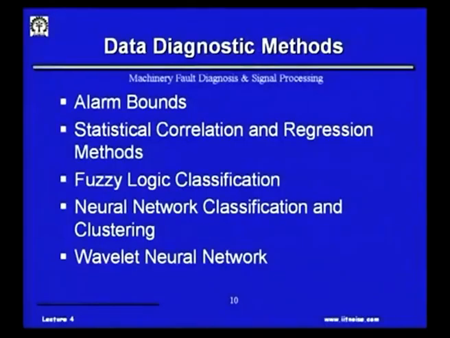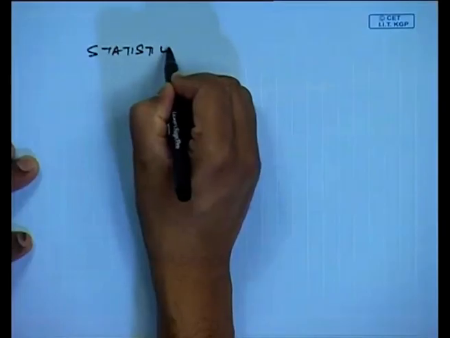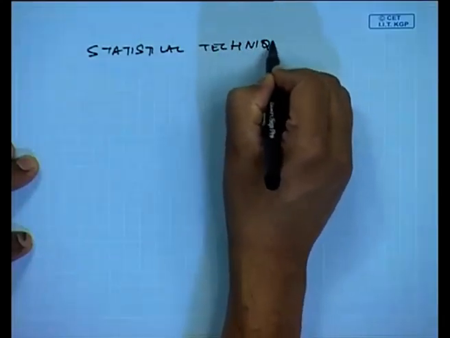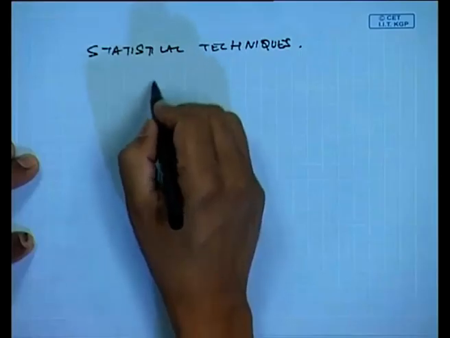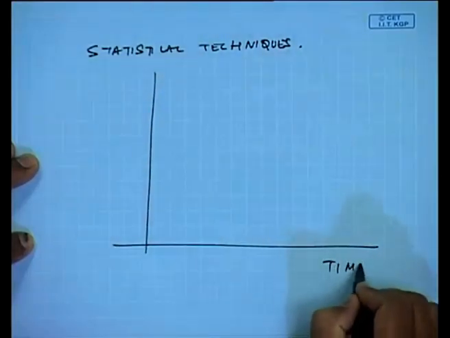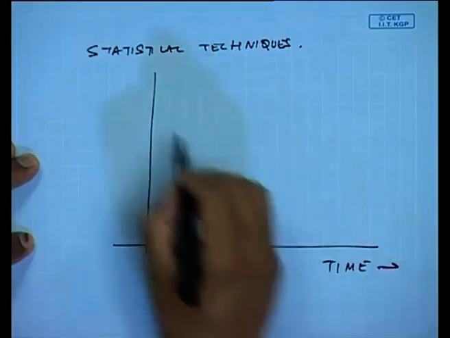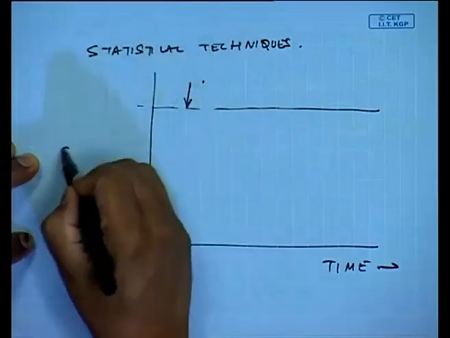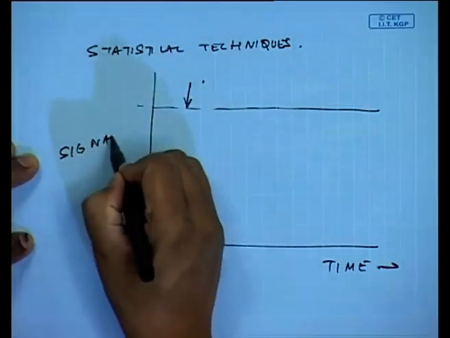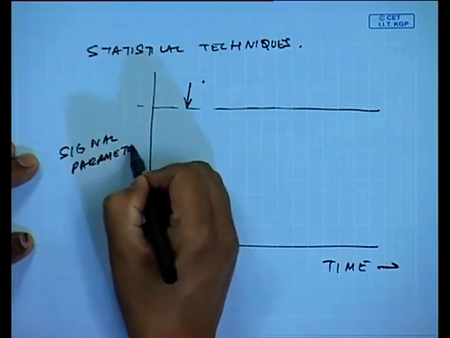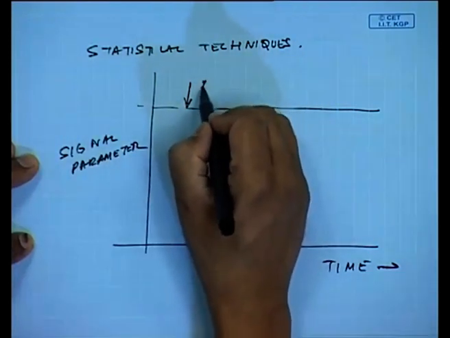Many statistical techniques are available. I will give you one simple example of a regression analysis. For example, with time I know that this is the signal parameter, and this is my alarm level.